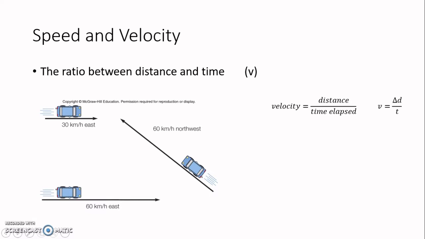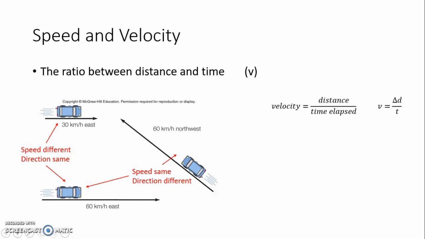So take this example in this figure. On the top left, you have a car moving 30 kilometers an hour to the east, and on the bottom you have a car moving 60 kilometers per hour to the east. So they have the same direction, but different speeds. Now, if you look at the one on the right, it's also moving 60 kilometers an hour, but it's moving to the northwest.